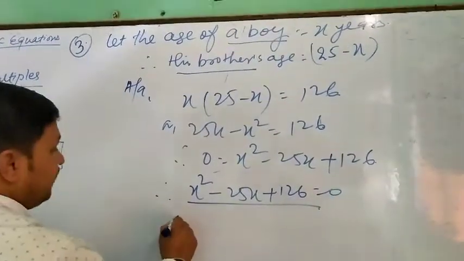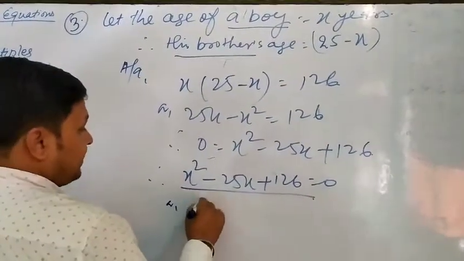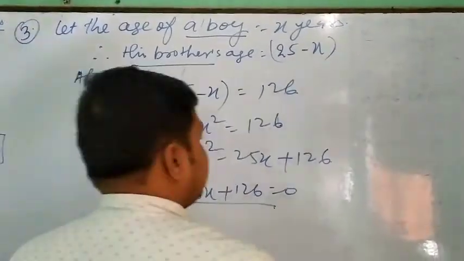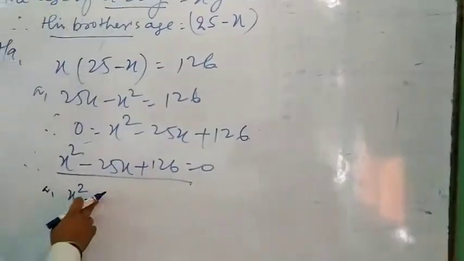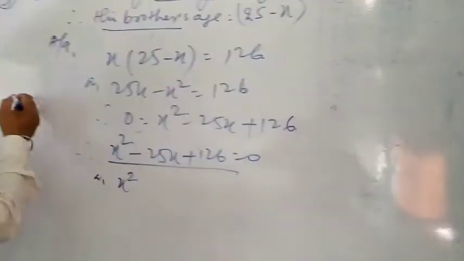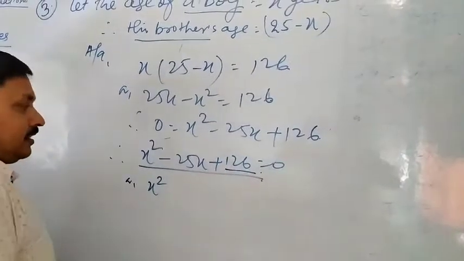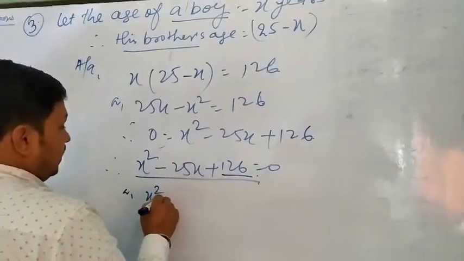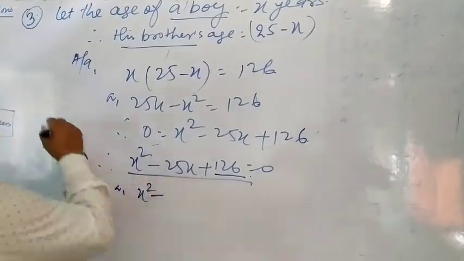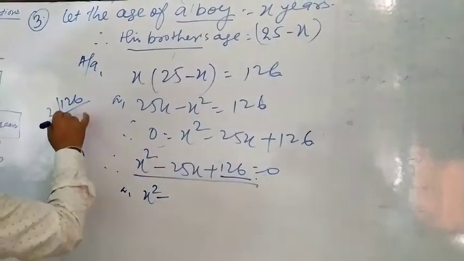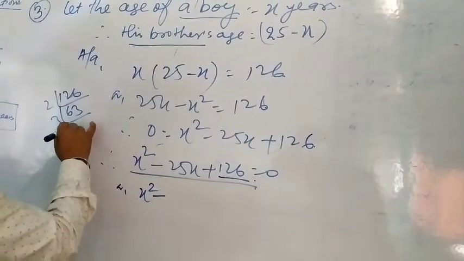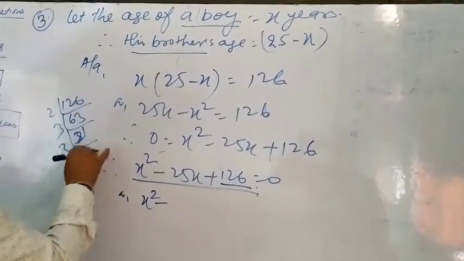So you can solve it: x square minus 25x plus 126. 126 should be factorized. So we got 126 is 2, 6, 3, 3, that means 21, 3, 7.